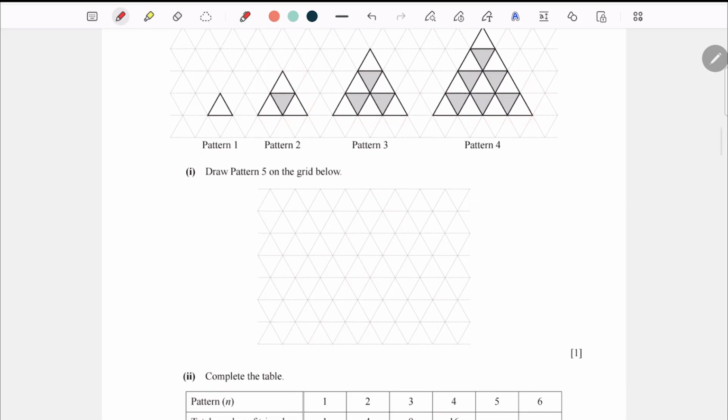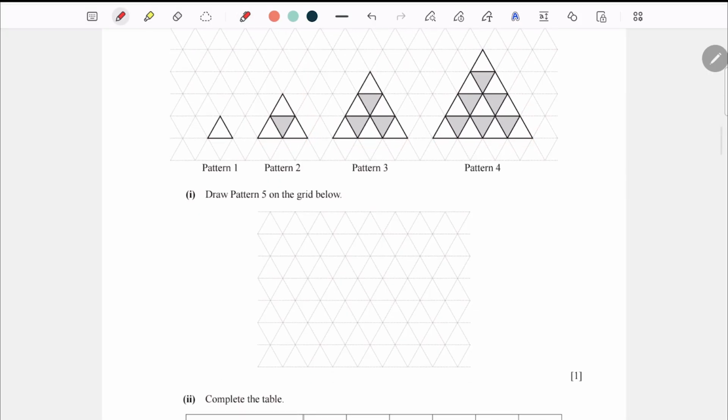So if I copy the same sequence, I'll have to make one large triangle. These are 5 triangles on the bottom line and 5 triangles on either sloped line as well.